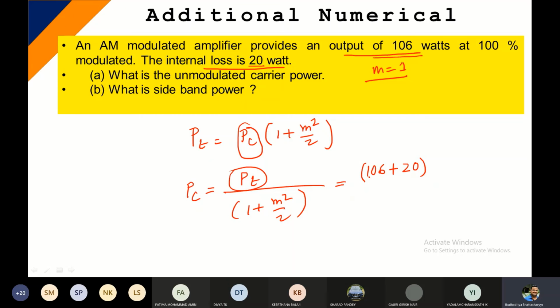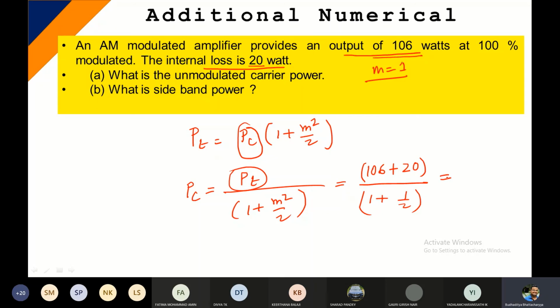Other than that, nothing is different. So 106 watts is what we observe at the output, but that is after the 20 watts of power which was lost from the whole system as internal loss due to different losses. So the total power in the calculation we need to take as 106 plus 20, and this equals PC times 1 plus half.